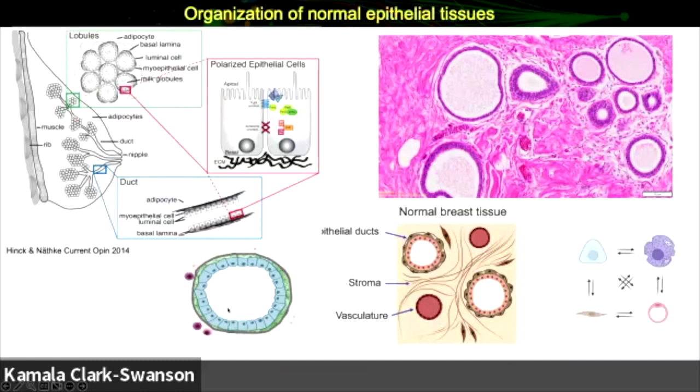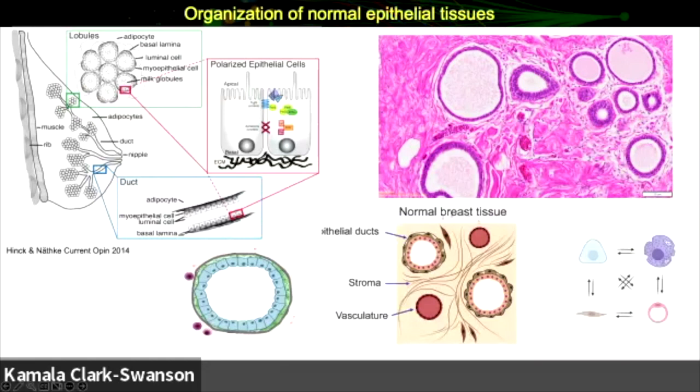The luminal cells are the ones that make milk, and the epithelial cells are separated from stroma by the basal membrane. Importantly, the epithelial tissues are two-dimensional. So even if a cell has a potential oncogenic mutation, its ability to expand is fairly limited.